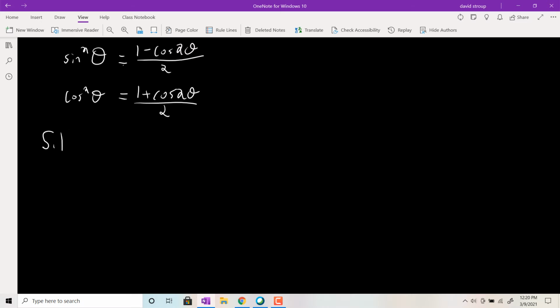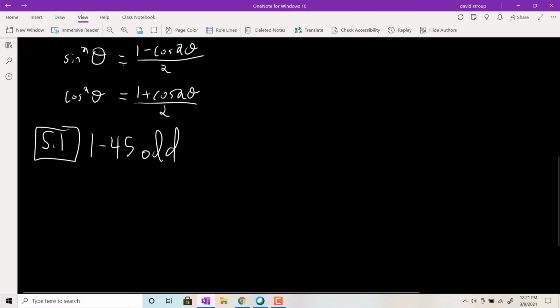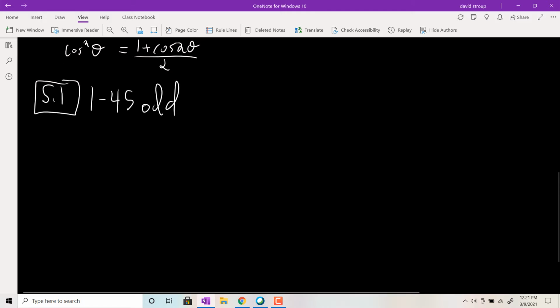I'm going to give you the sections and then the types of problems, the pool of questions I'll be taking my problems from. So 5.1 was about verifying identities. In particular, I'll be looking at problems like 1 to 45 odd, and I'll take probably about 4 or 5 problems in there. What you're doing is proving the identity.